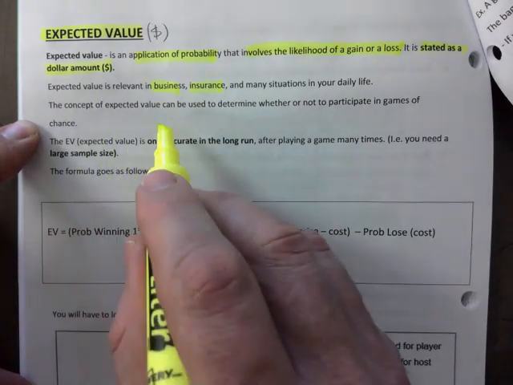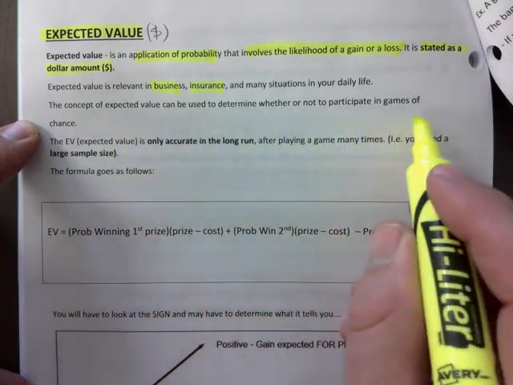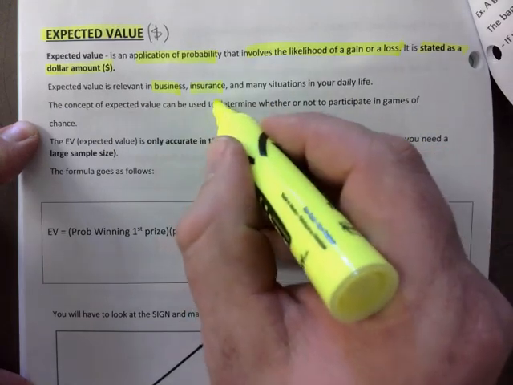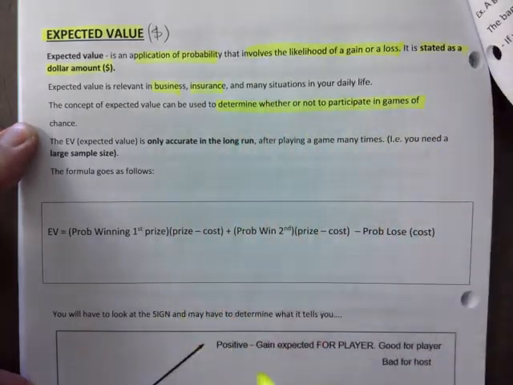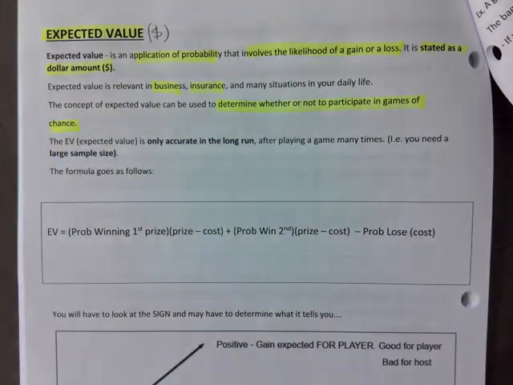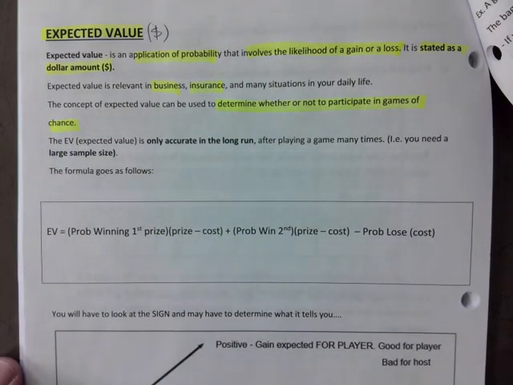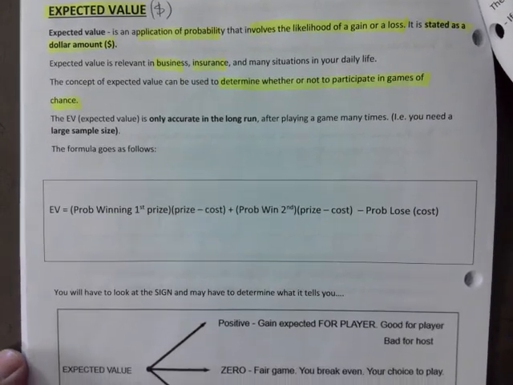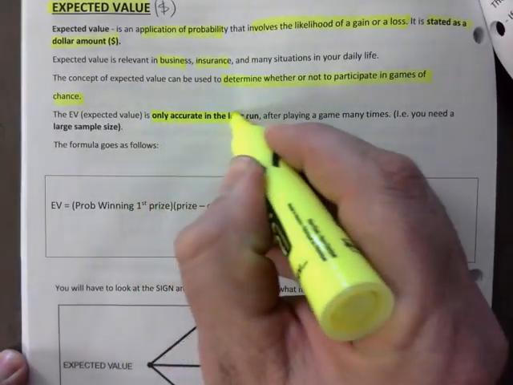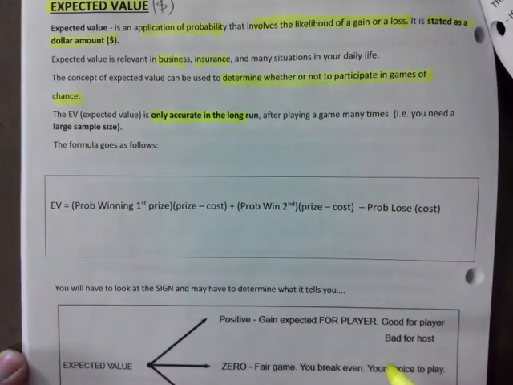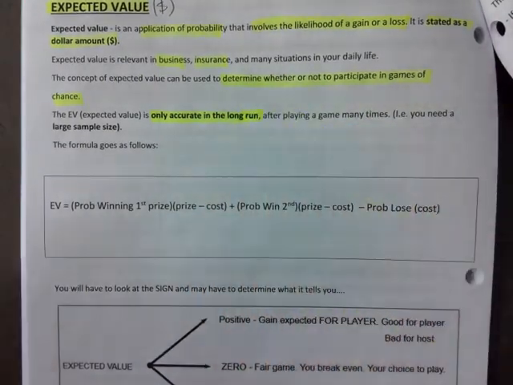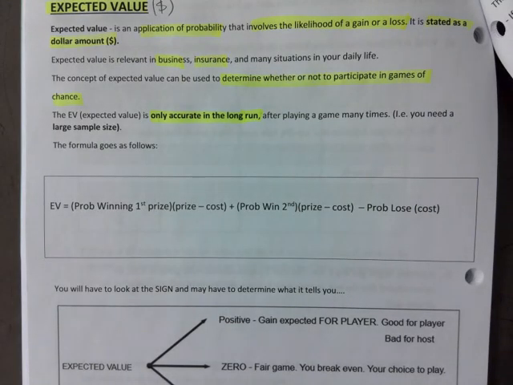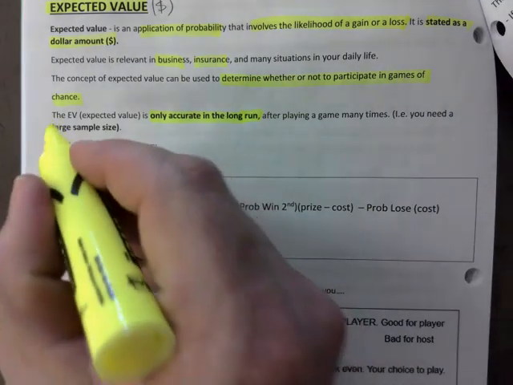The concept of expected value can be used to determine whether or not to participate in games. You can use it to determine whether or not you will participate in a game of chance or lottery or whatever. The expected value is only accurate in the long run, after playing many games. So it's like theoretical probability. It only makes sense on a large sample.